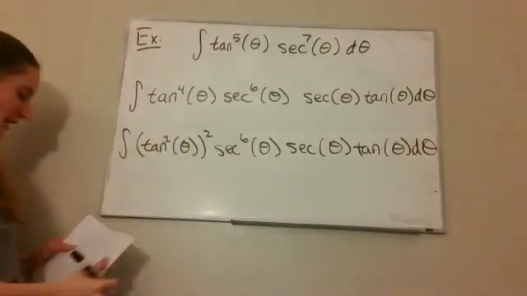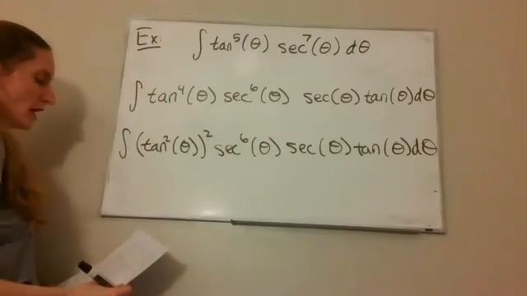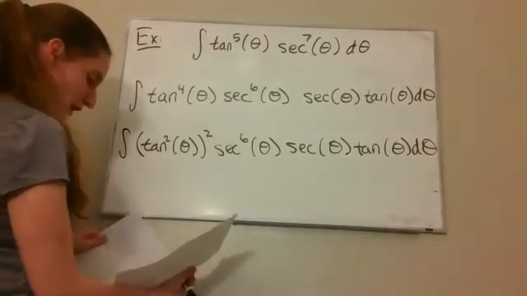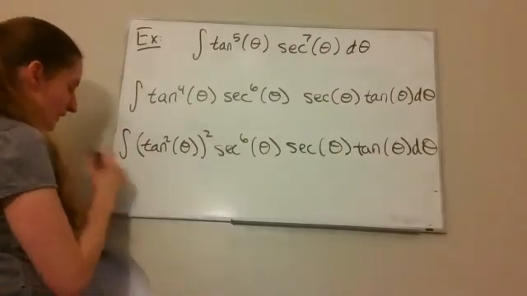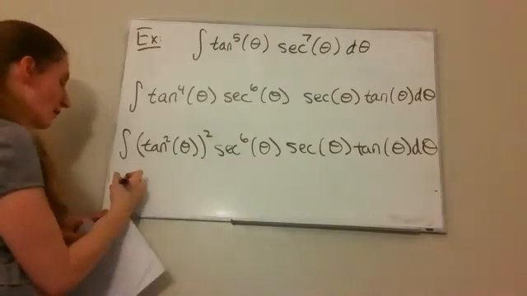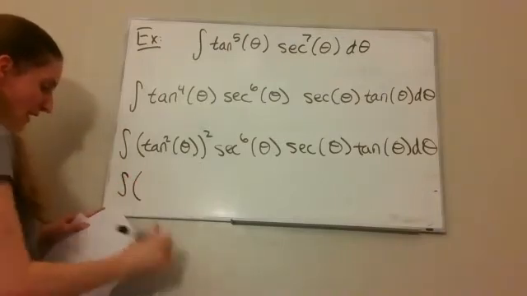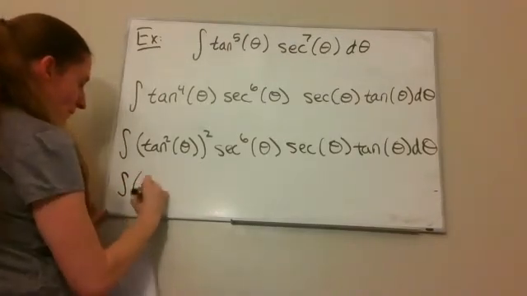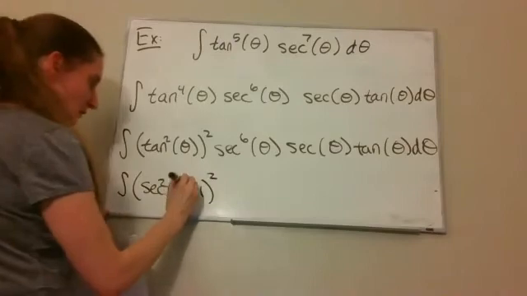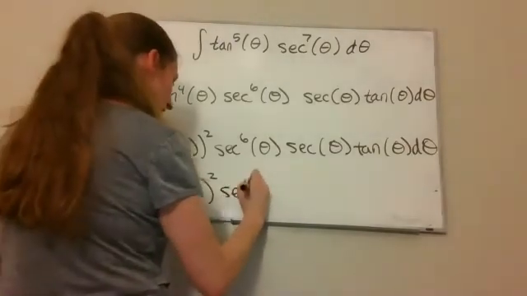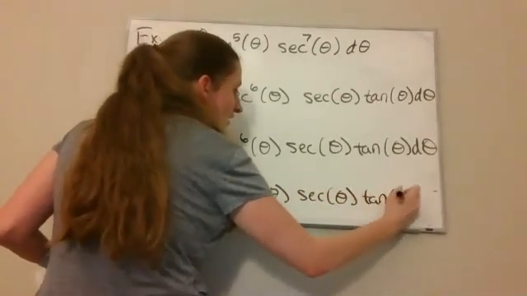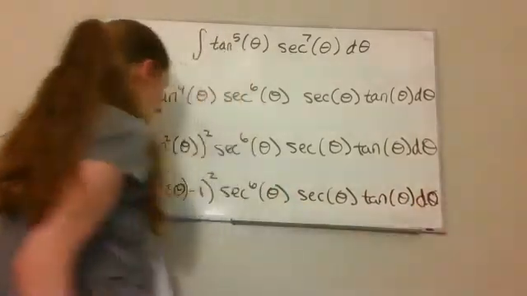And now using that same trig identity from the last one, secant squared is 1 plus tangent squared. Well, then tangent squared is going to be secant squared minus 1. So I get a secant squared minus 1 squared times a secant to the 6th times a secant of theta and a tangent of theta d theta.